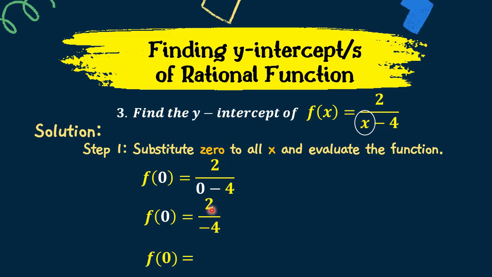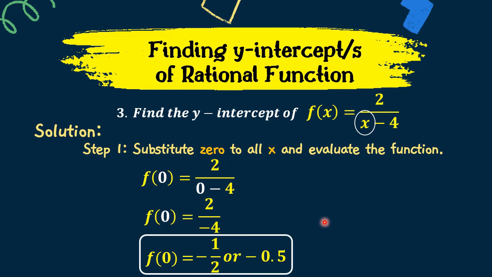Simplify. 2 divided by negative 4 is equal to negative 1/2, or negative 5/10, or negative 0.5, since positive divided by negative is negative. So when x is equal to 0, the value of the function is equal to negative 1/2, or negative 0.5. And this is our y-intercept.